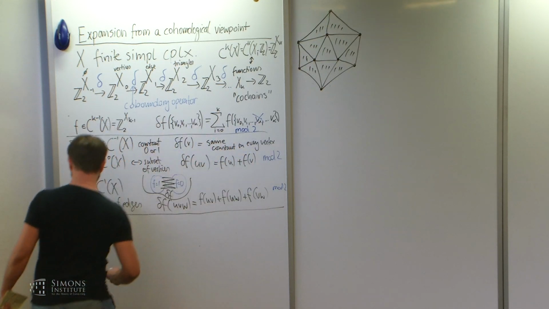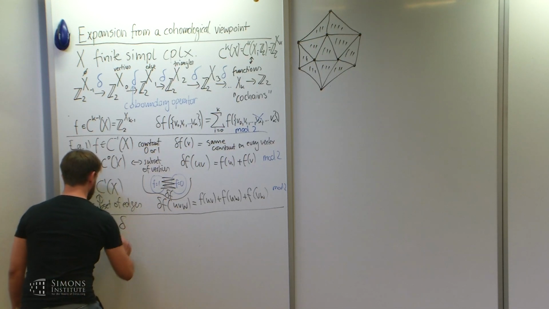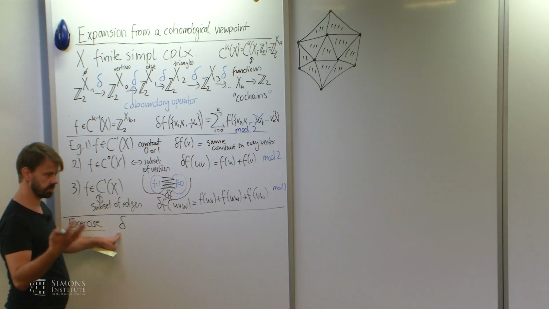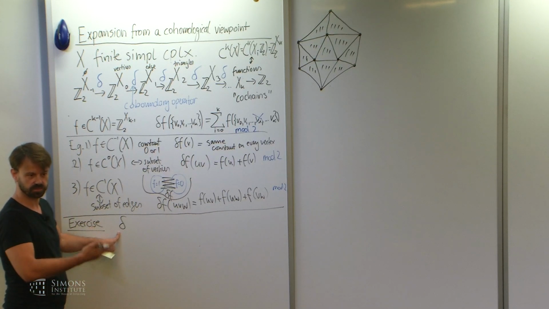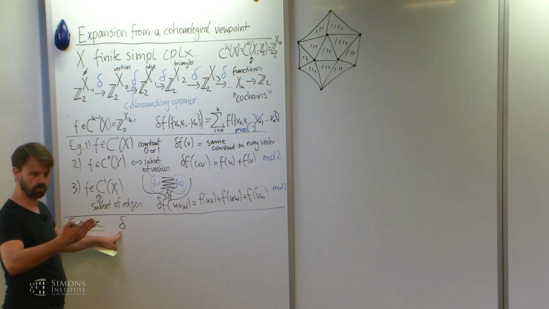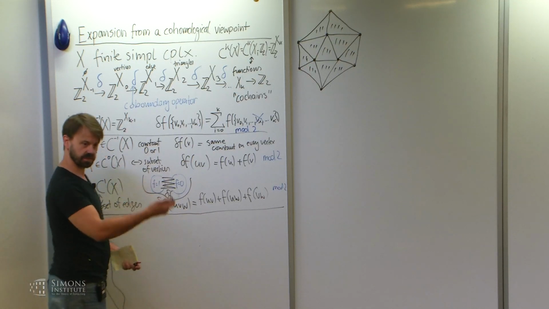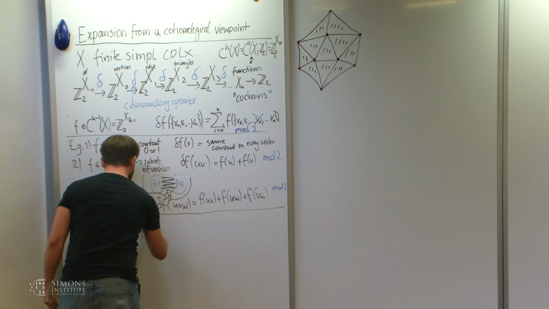So now it's an easy exercise to check that if I take the co-boundary in some dimension, I should really use indices, but they get cumbersome. So I start in some dimension, I go up 1 dimension to I plus 1. And then I do this again, so I go up to dimension I plus 2.